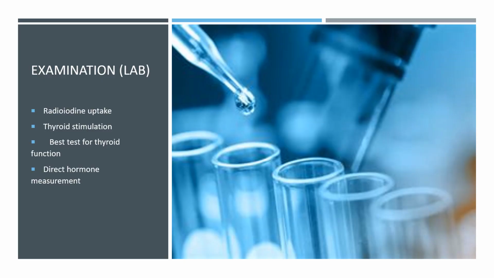So next, I'm going to take a look at the examinations. How do we diagnose whether a person has thyroid issues or not? So clinically, first we have clinical and subclinical tests.